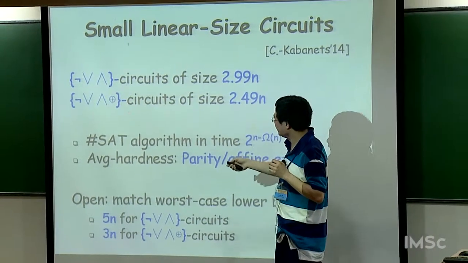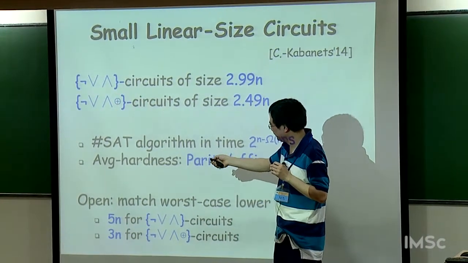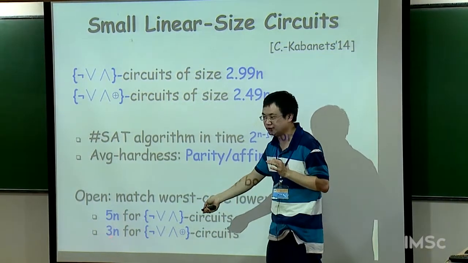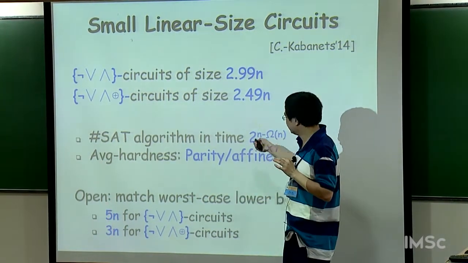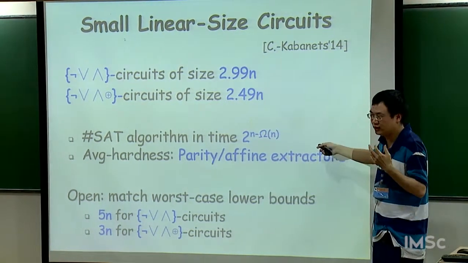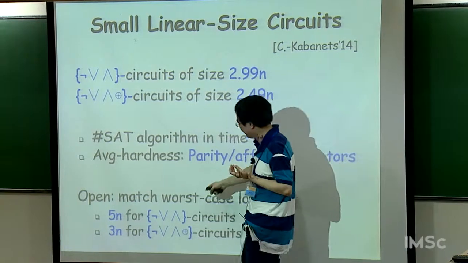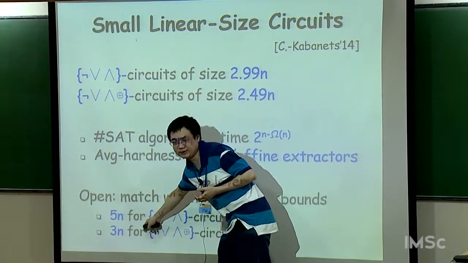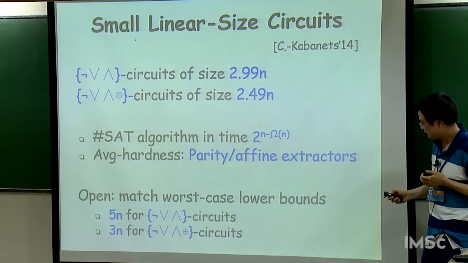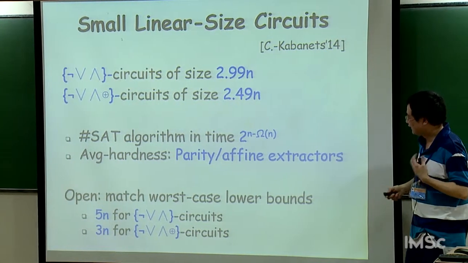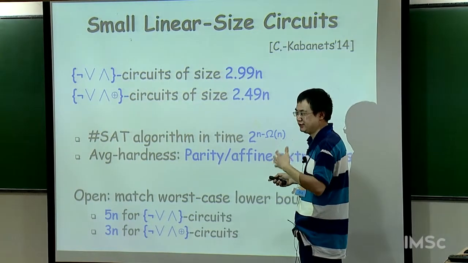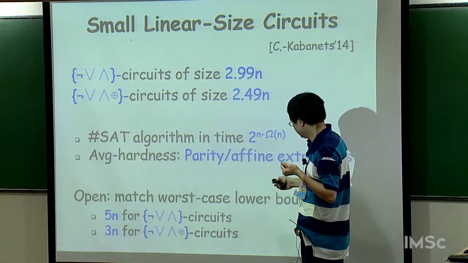And for circuits over 4 binary bases, the best known worst case lower bound is 3n. So the average case lower bound we have here is almost 2.5n. It's an open question whether or not we can improve the result to such larger size. Now again, underlying the proof, we need something similar to concentrated shrinkage.